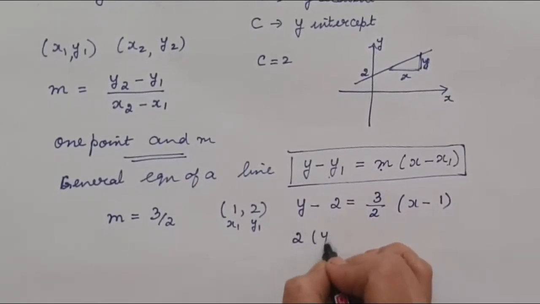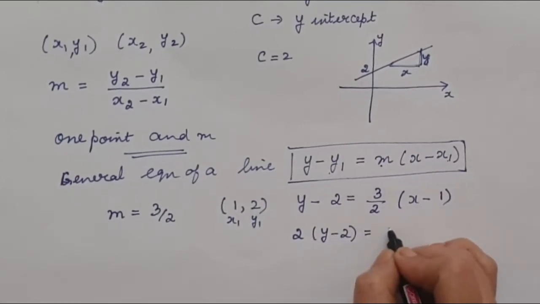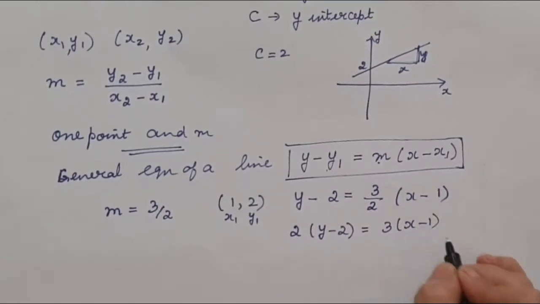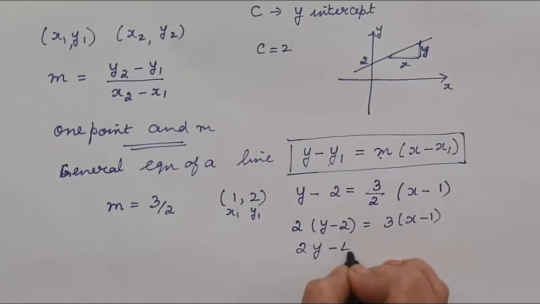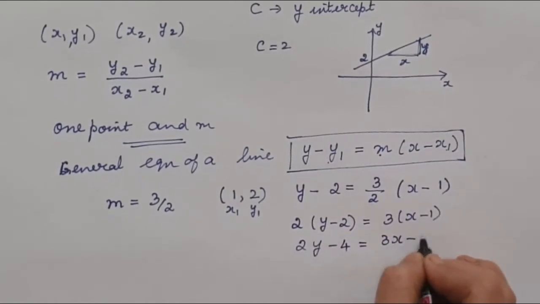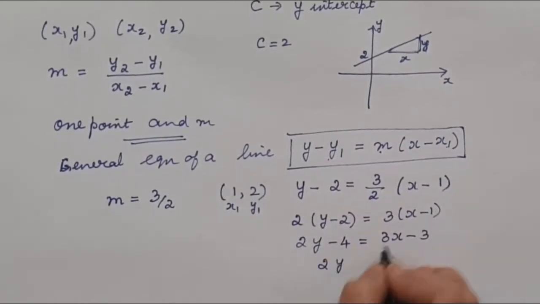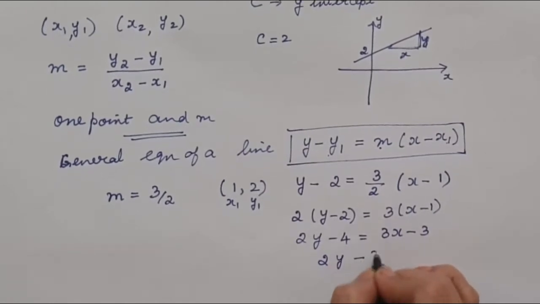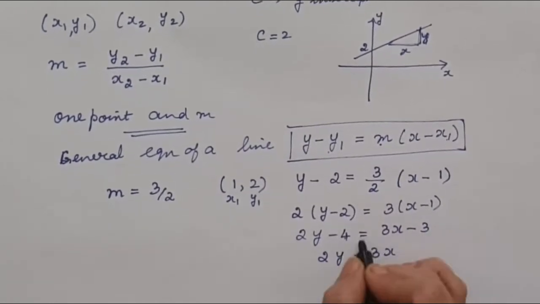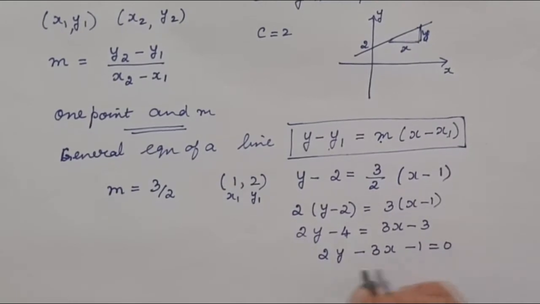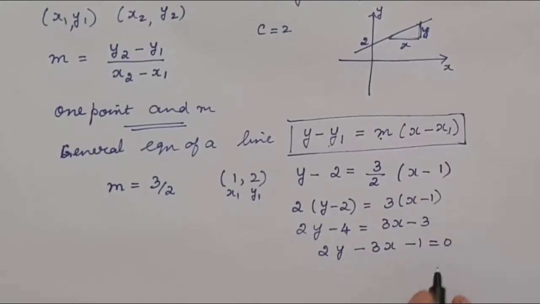So it comes as 2 into y minus 2 will be equal to 3 multiplied by x minus 1. So 2y minus 4 will be equal to 3x minus 3. So 2y, this 3x I'll shift over here, so minus 3x, minus 4 plus 3, so minus 1. So this is the general equation of a straight line.